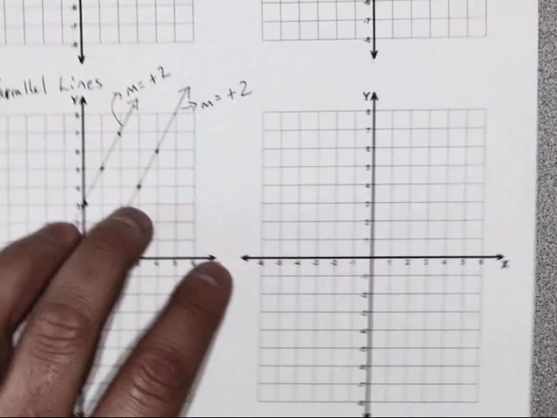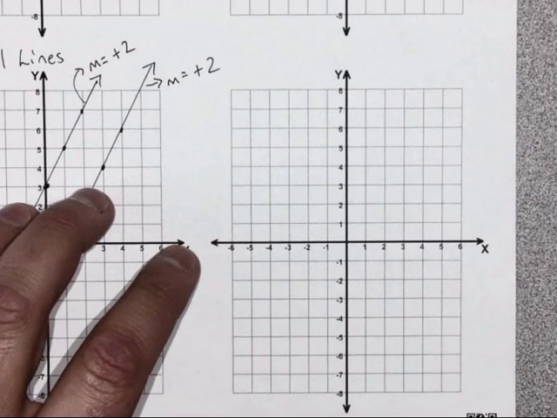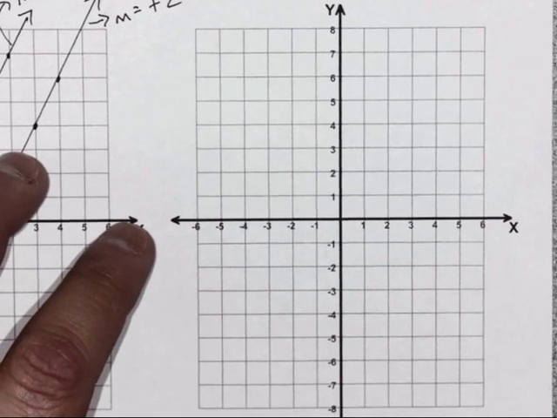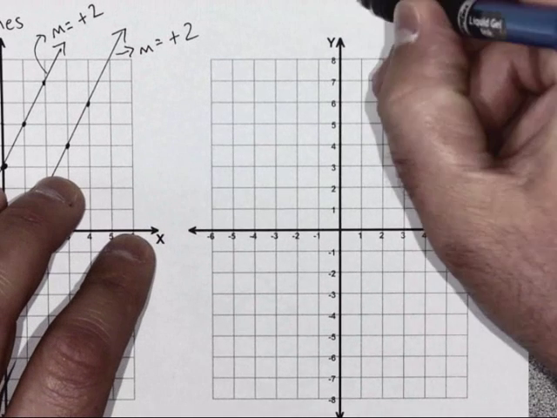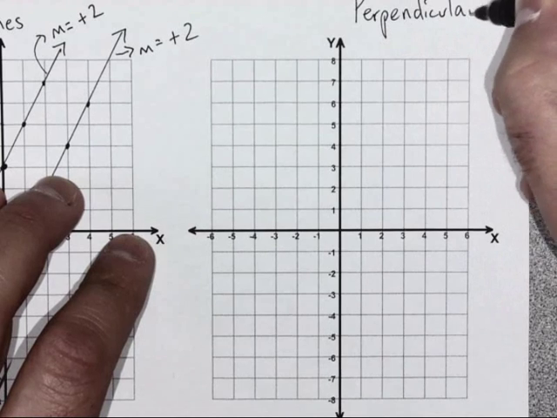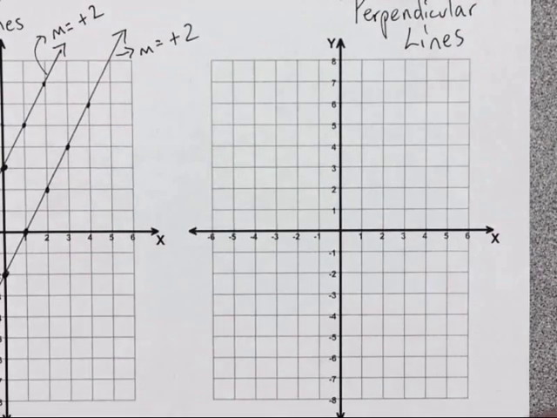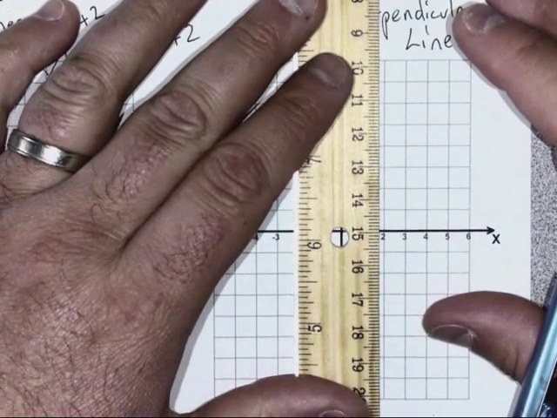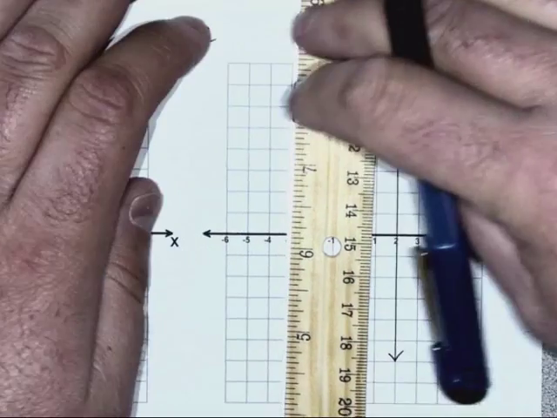Alright. Another type of line that I wanted to talk about is perpendicular lines. So perpendicular lines are lines that are going to intersect to form a right angle. So an example of two perpendicular lines would be something like this.